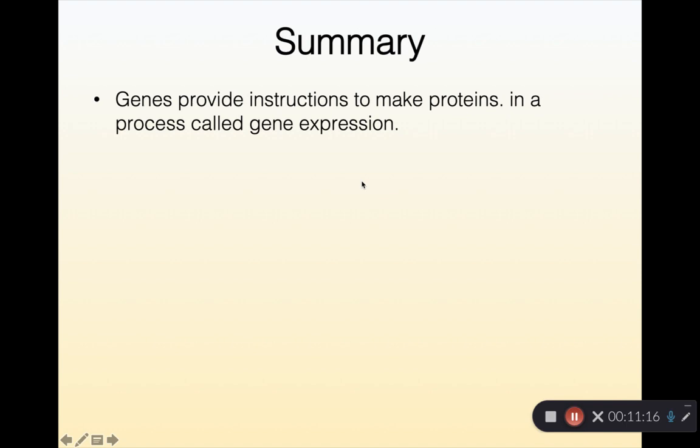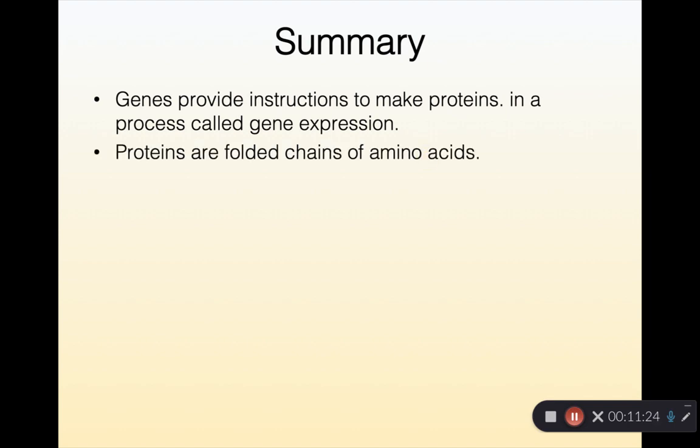So in summary, genes provide the instructions to make proteins, and this is a process called gene expression. And proteins are simply folded chains of amino acids, and the important key here is that they are folded. Because only once the amino acids become folded and interact with their side chains and component parts do you actually create a protein that is then functional.